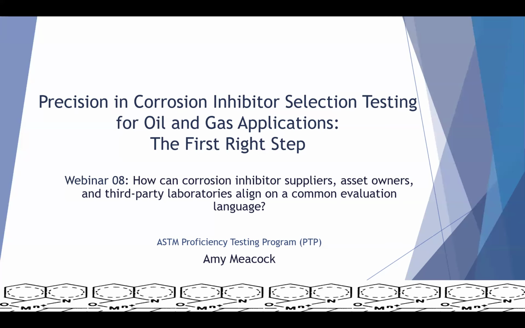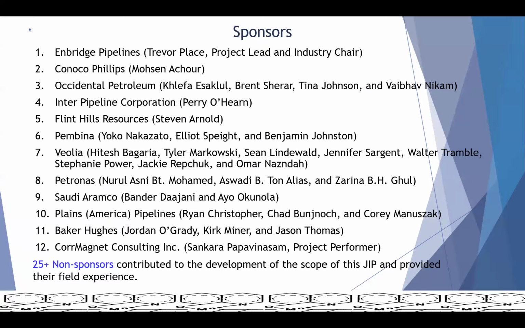But before that, let me briefly introduce the joint industry project for those who are not familiar with this project. First of all, I would like to thank all the sponsors. We have global sponsors of this JIP, and this sponsorship is growing.